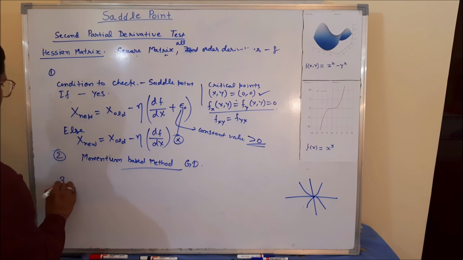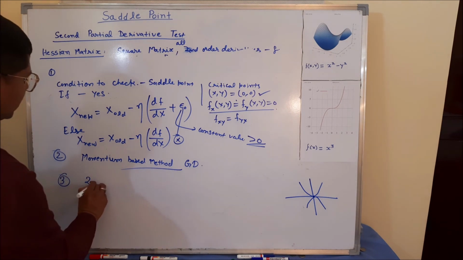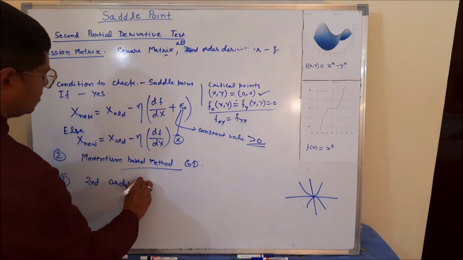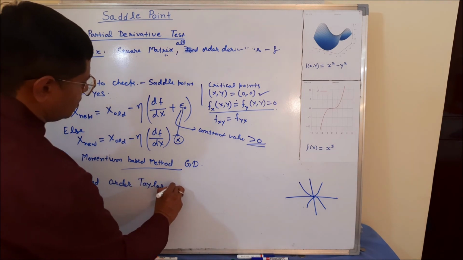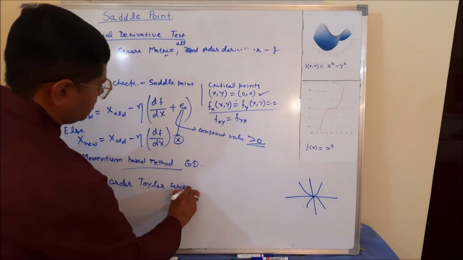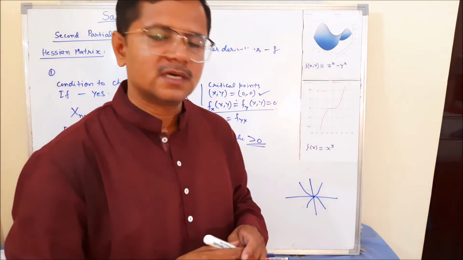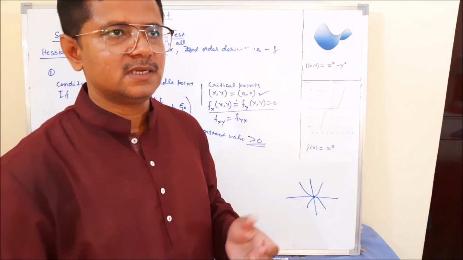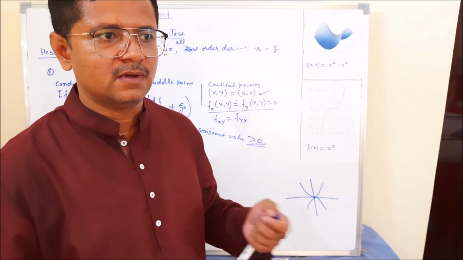Now there is a third scenario also. The third scenario is to use the second order Taylor series. But the problem is the computation when we calculate the gradient, we generally face a lot of computational overhead.